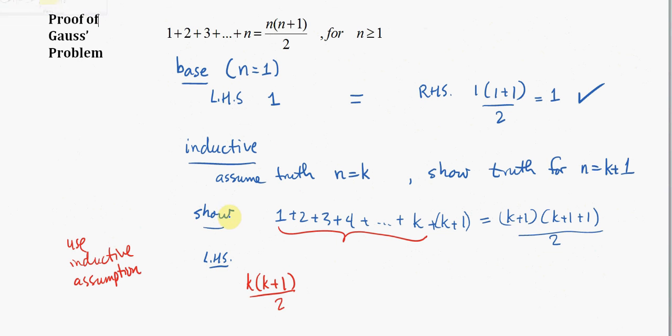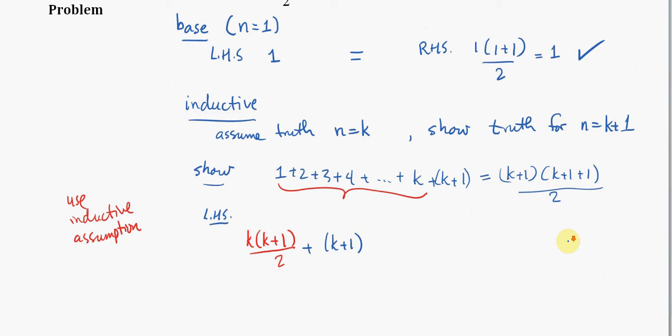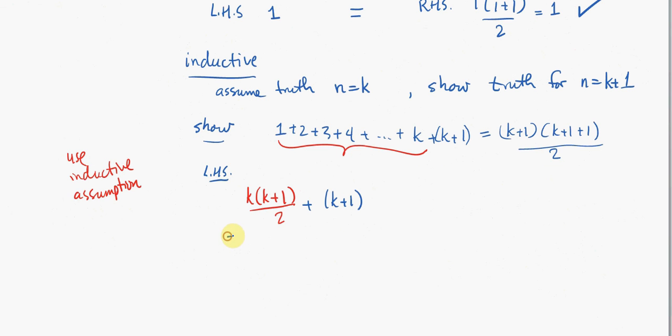All that remains is to work out the details. Adding k plus 1 to it will in fact give us this formula, so it's not too much work. We have k times k plus 1, and then we multiply this term by 2 to get the common denominator.